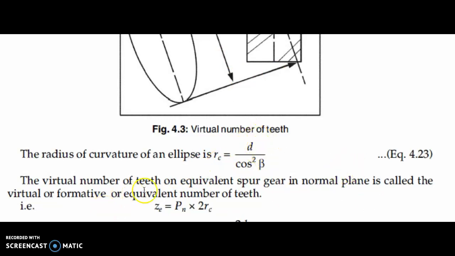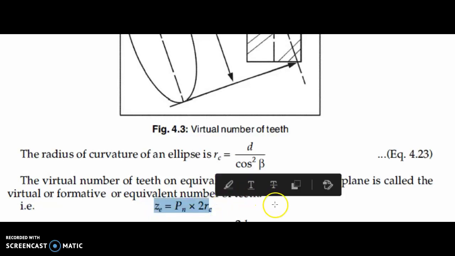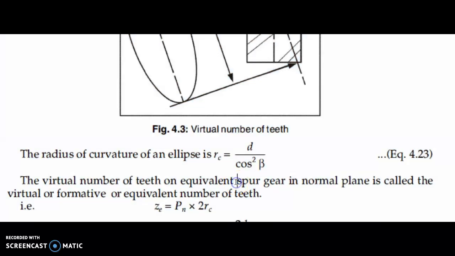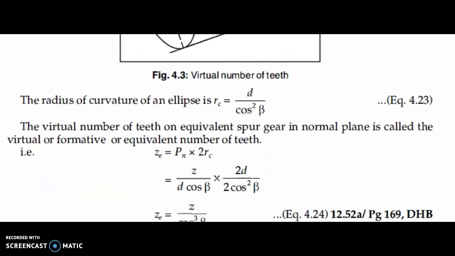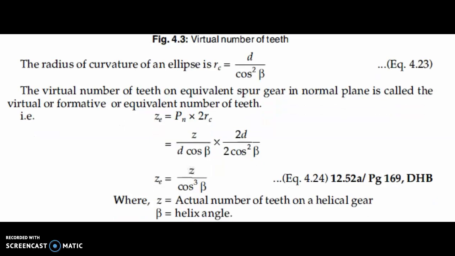Then the virtual number of teeth on an equivalent spur gear we can take using this equation, that is Zv is equal to pi into 2Rc divided by p. That is, the virtual number of teeth on the equivalent spur gear in the normal plane is called the virtual or formative or equivalent number of teeth. So that is similar to the number of teeth on the spur gear for that particular area.